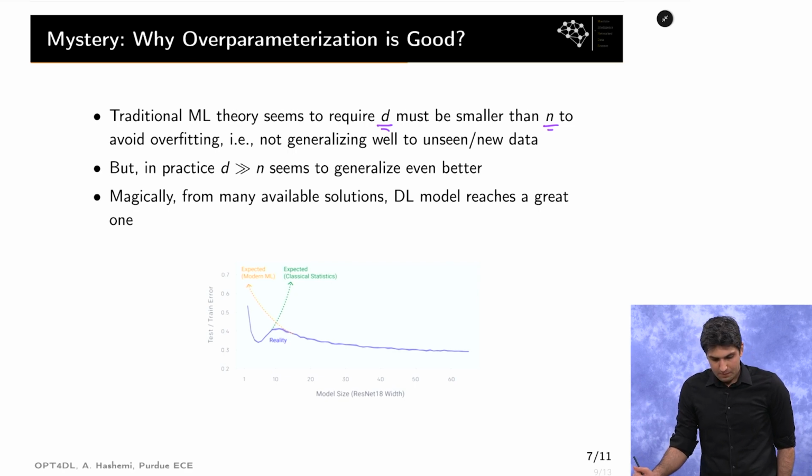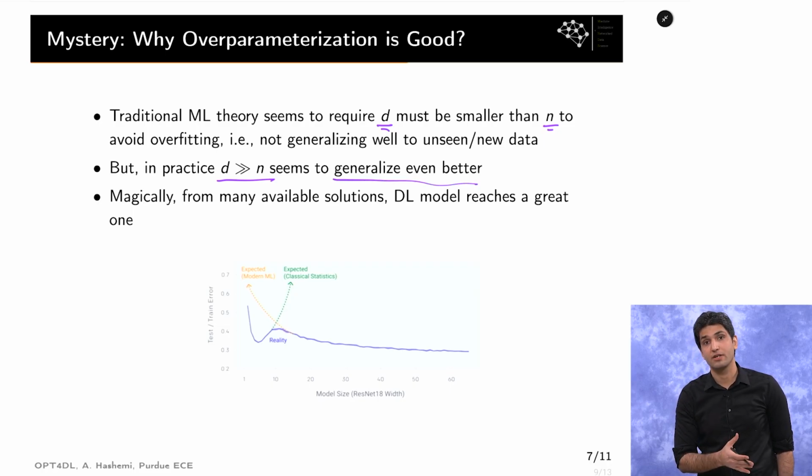Despite this, in practice, as I mentioned, d is typically much larger than n. And the observation is that not only does this regime help us train the models better, meaning fit the training data better, but in this regime the models tend to even generalize better, meaning they can apply the patterns they learn from the data to new data and still be successful.